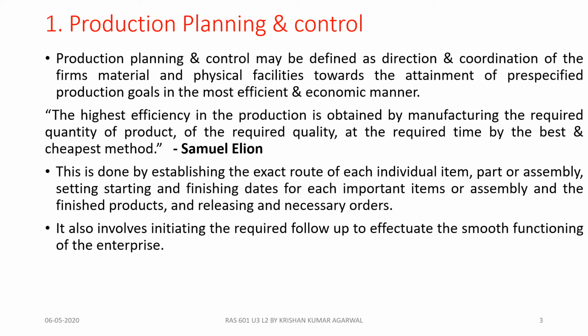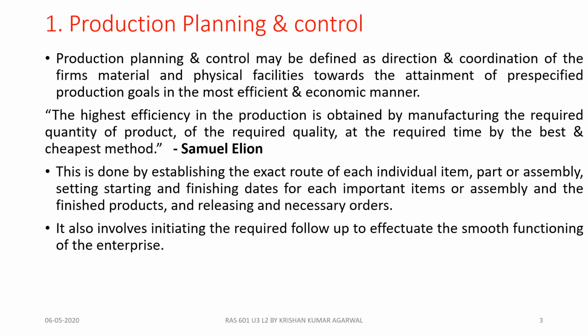In the words of Samuel Eilon, production planning is that highest efficiency in production is obtained by manufacturing the required quantity of product of the required quality at the required time by the best and cheapest method.